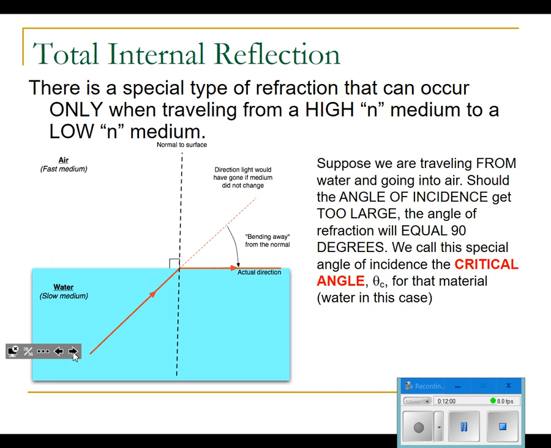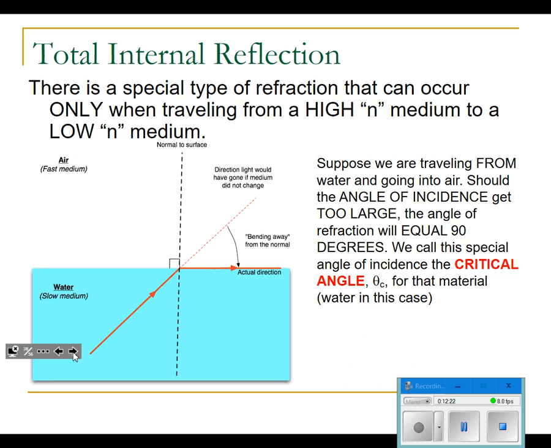Okay. So there is a special situation that's called total internal reflection, and this is a special type of refraction that can occur only when traveling from a high index of refraction to a low index of refraction. It's really important that you remember that. It can only happen then.